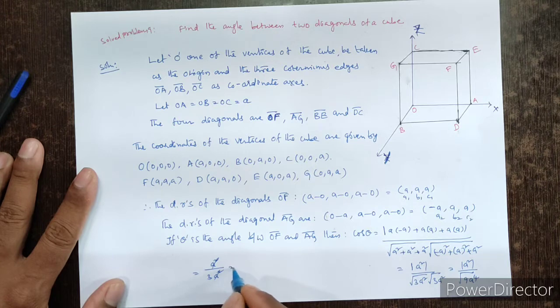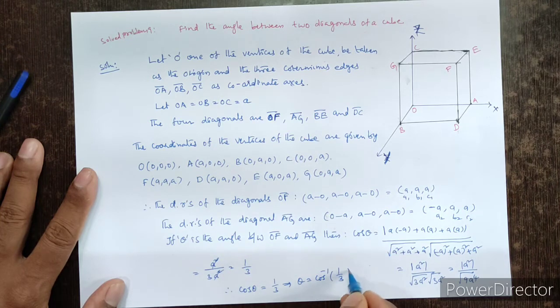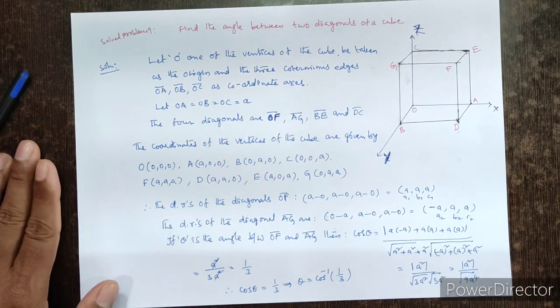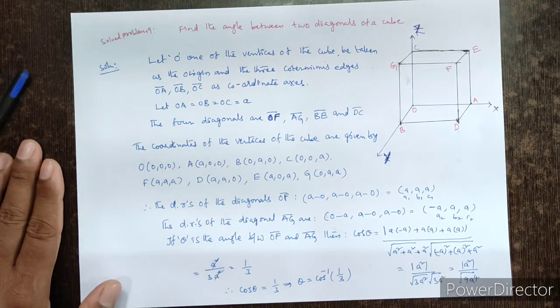So a square cancels, giving 1 by 3. Therefore cos theta equals 1 by 3, then theta equals cos inverse of 1 by 3. So the angle between the two diagonals of a cube is theta equals cos inverse 1 by 3.